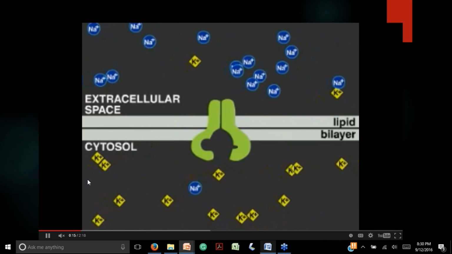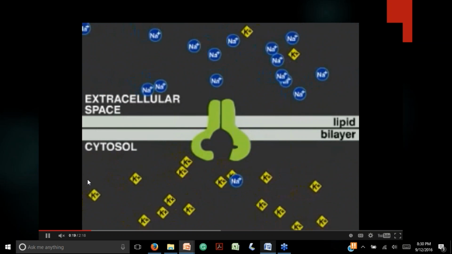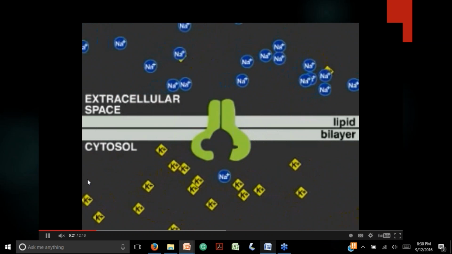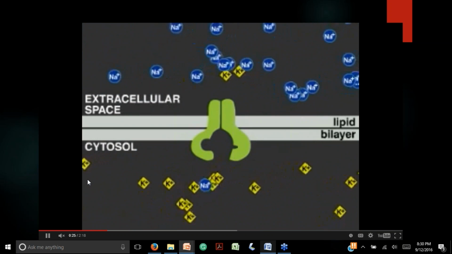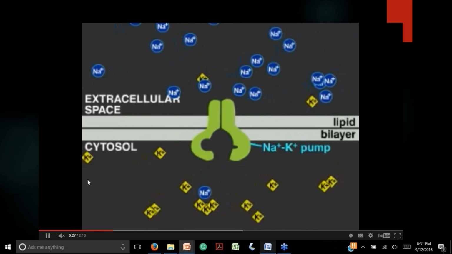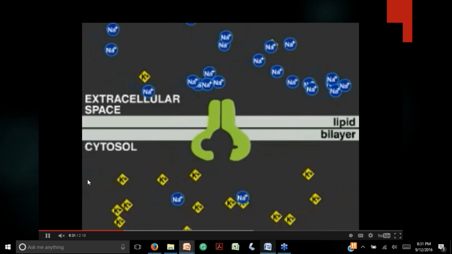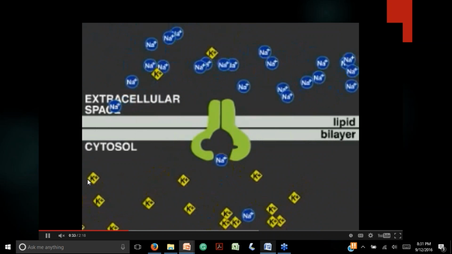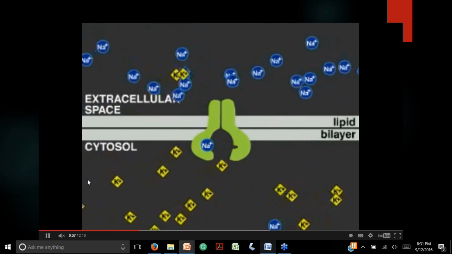It's going to be a continuation, actually an invagination of the membrane of the muscle. That is going to conduct the depolarization of sodium when the neuromuscular junction is activated.